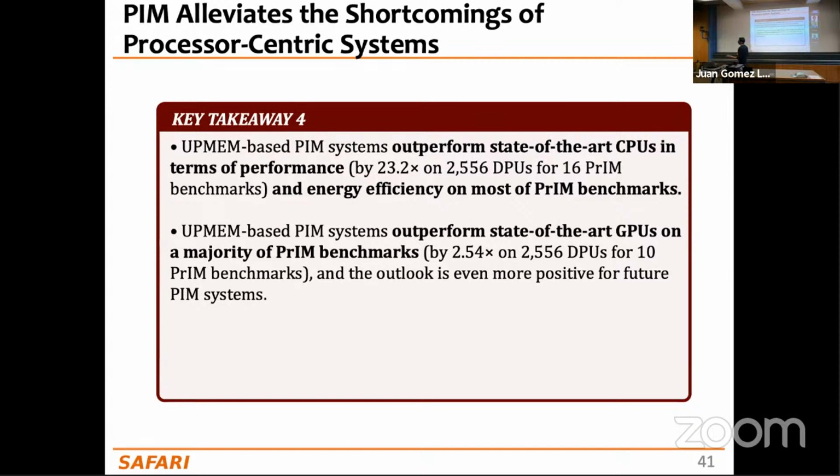GPUs started to be used for general purpose computing around 15 years ago, when the CUDA framework was released back in 2006, 2007. And if you compare the performance of a current GPU with one of those first general purpose GPU computing capable GPUs using CUDA, you will see that it has improved several orders of magnitude, right?